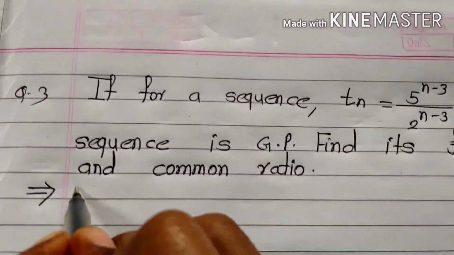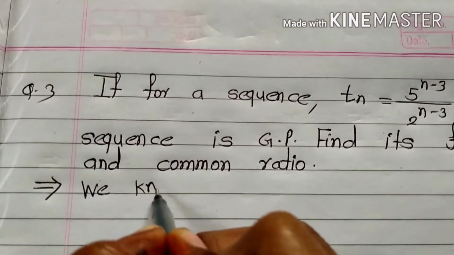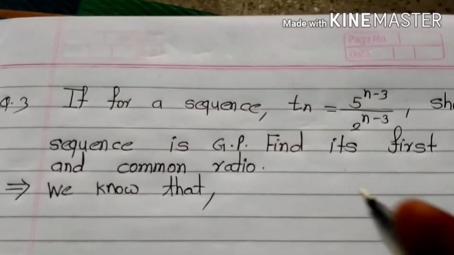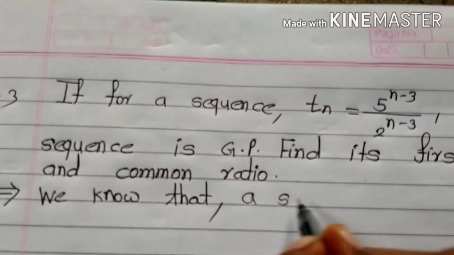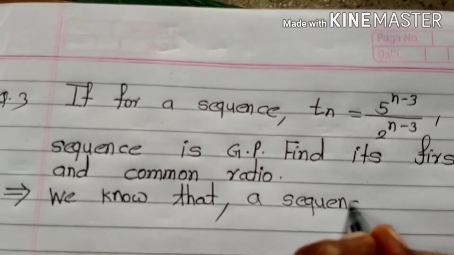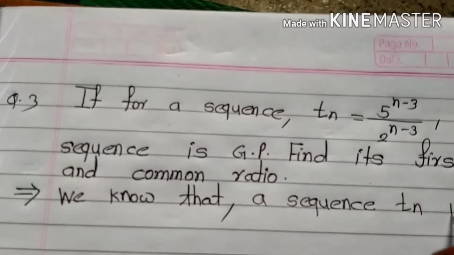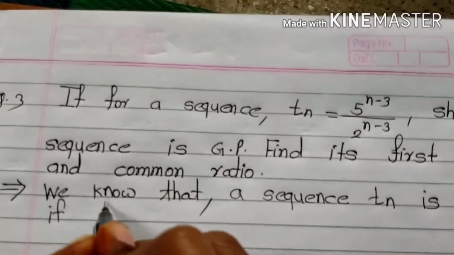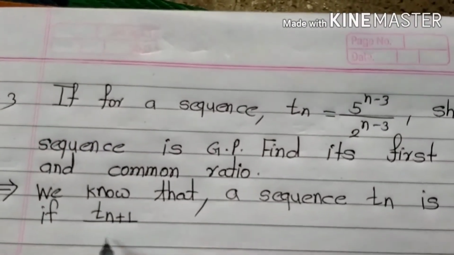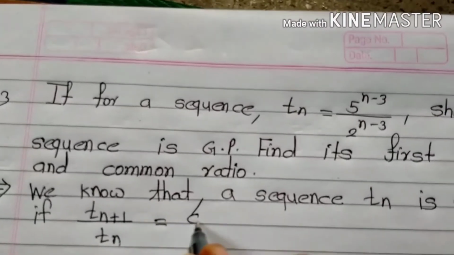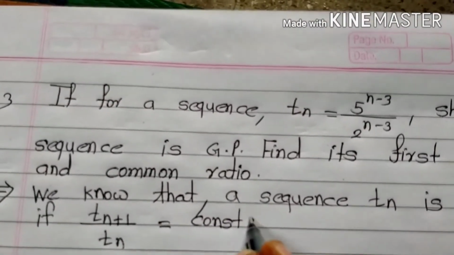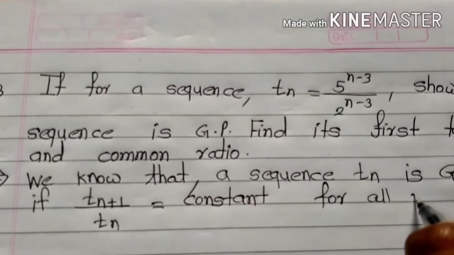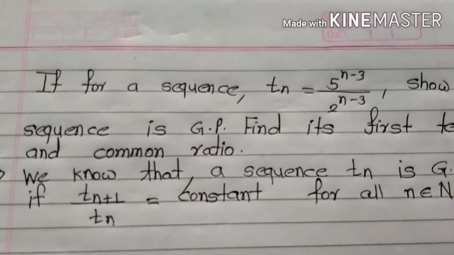So we know that a sequence Tn is GP if Tn plus 1 upon Tn is equal to a constant for all n belongs to natural numbers.